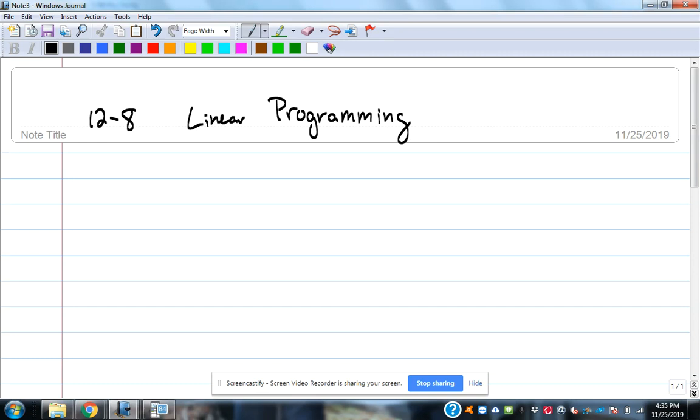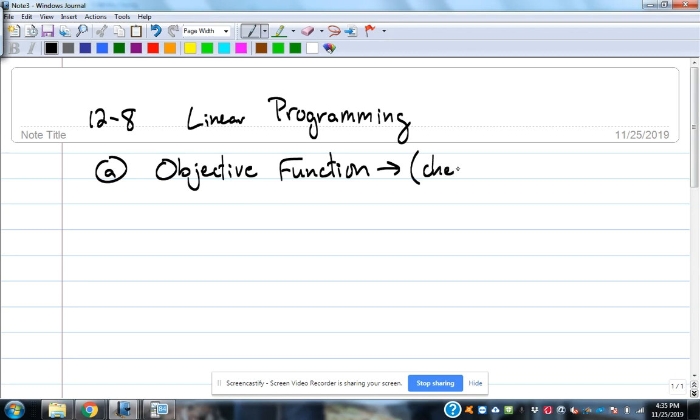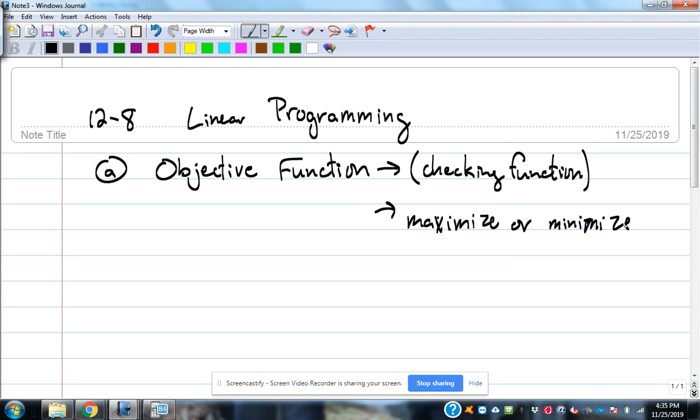But with linear programming, one thing you'll have is what's called an objective function. An objective function is your checking function, and you're going to either maximize or minimize the objective function. What you're going to do is take these things called constraints.